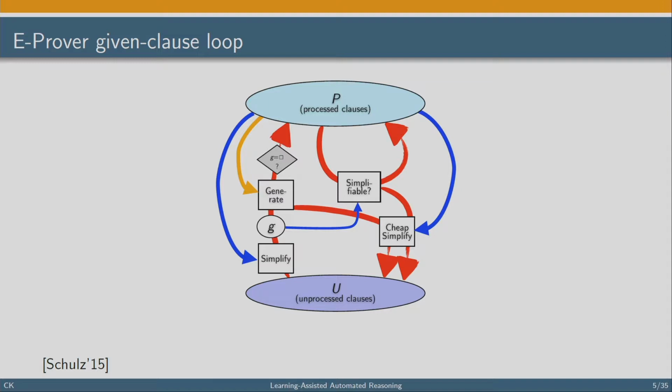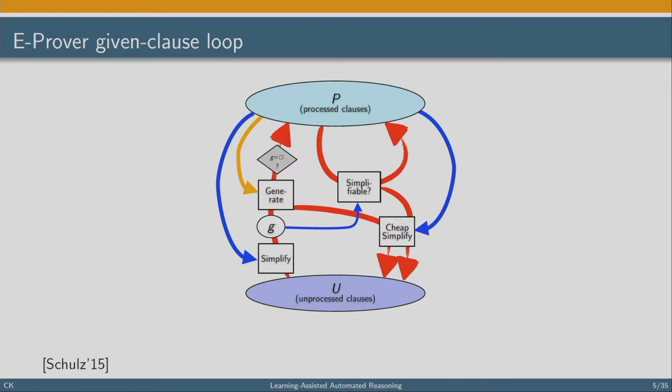Every time we're moving one clause U to P, generating a number of new clauses by combining them, and then the new ones are moved back to the set U. This means that our set U is growing.